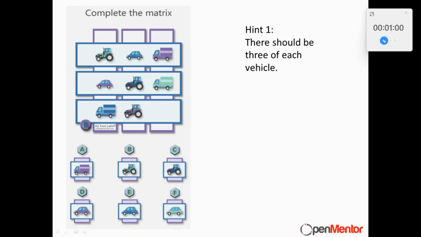I'll give you 1 minute for you to think now. You are going to tell me which is the right answer, and you will also give me a reason for that. I will read your chat.